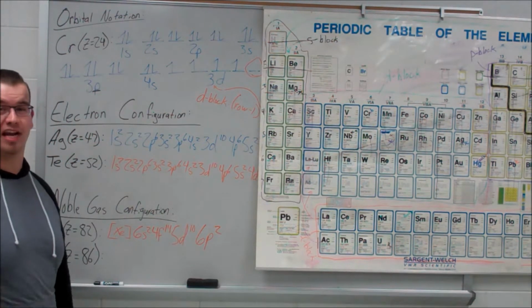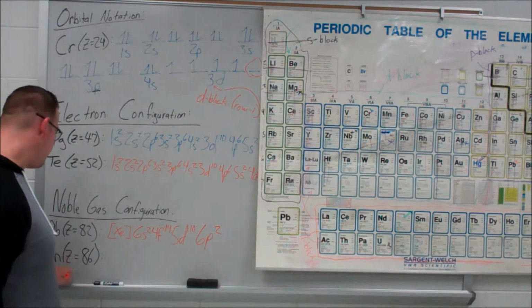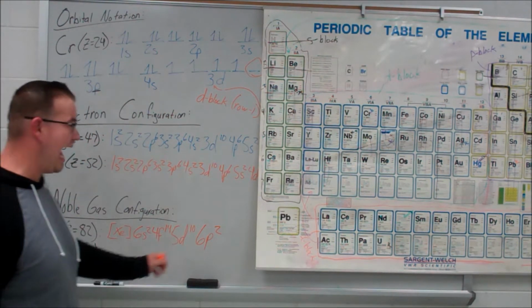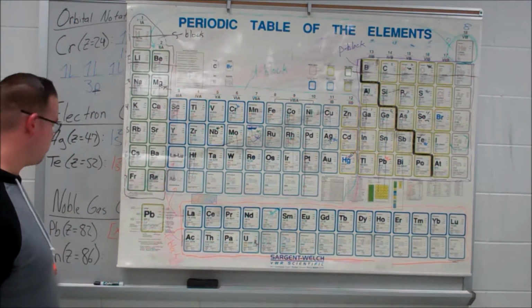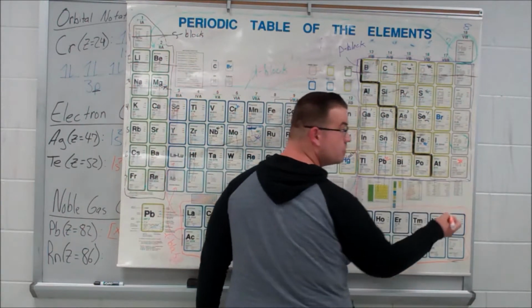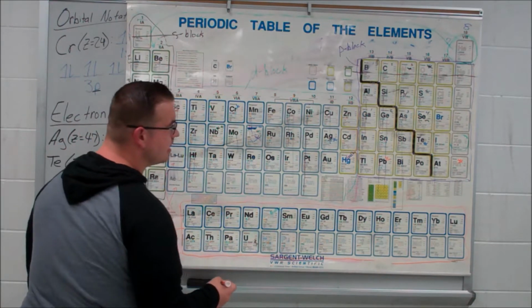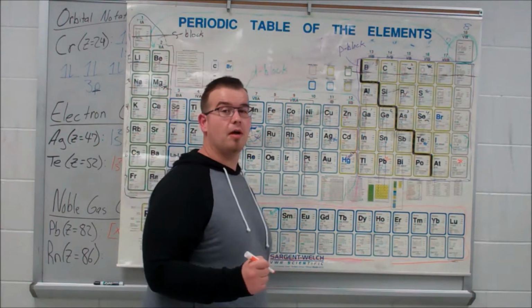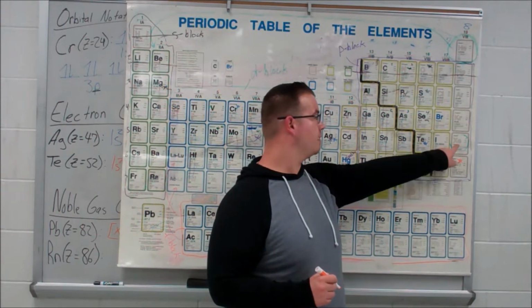Now let's do another one. This is an easy trick to mess you up on. It's giving you a noble gas to start with. So we're going to start with radon, which is the very last noble gas we used to have, atomic number 86. Just do what you've done before. Put your finger on radon, go up.